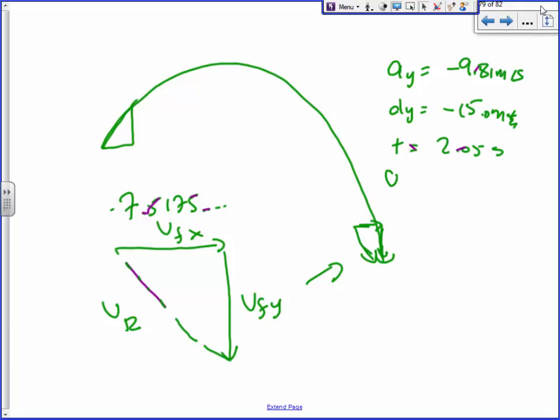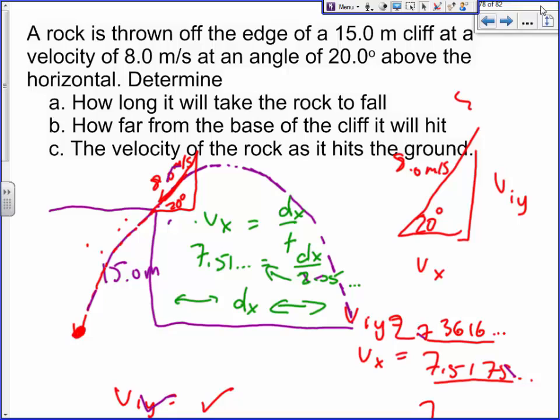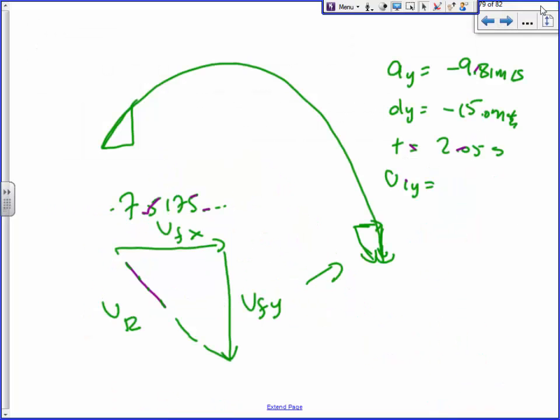I also even knew the velocity initial in y. It's a mess on here. I'm so sorry, guys. The initial velocity in y was this one down here, the 2.736 number. So velocity initial was 2.736 meters per second. I don't care how you find the velocity final in y, but you have all of these values here.